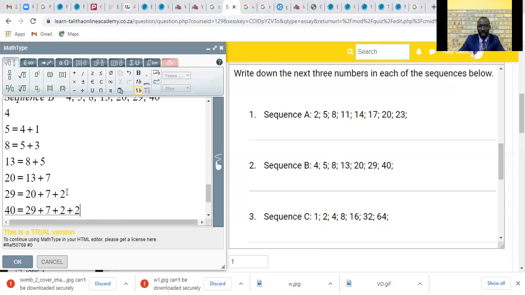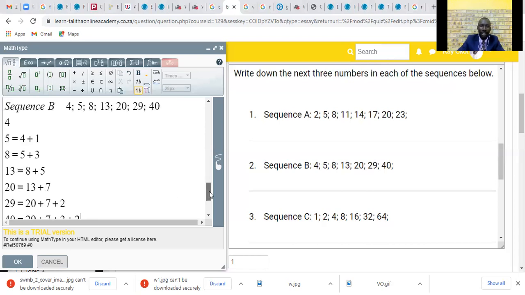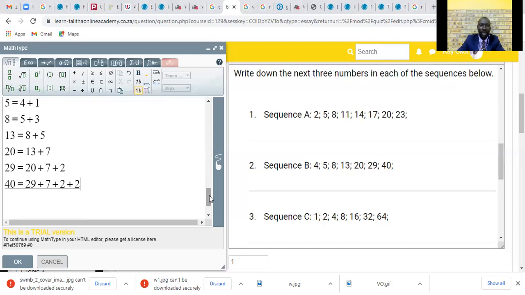Meaning, for the next number, because now we have reached 40, we are supposed to find the next number which comes after 40. Sorry, when we add this, we get 40.